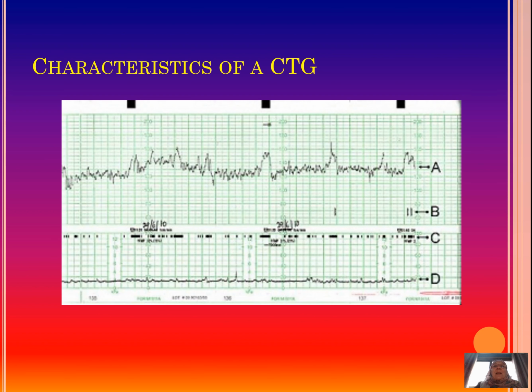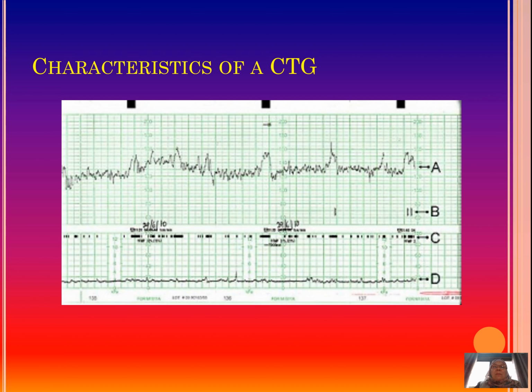B represents, you can see marks on the CTG. And these marks are made by the patient herself. She's given a little button, and she's told, for example, as in this CTG, whenever you feel a movement, press the button. And this is what she has done.